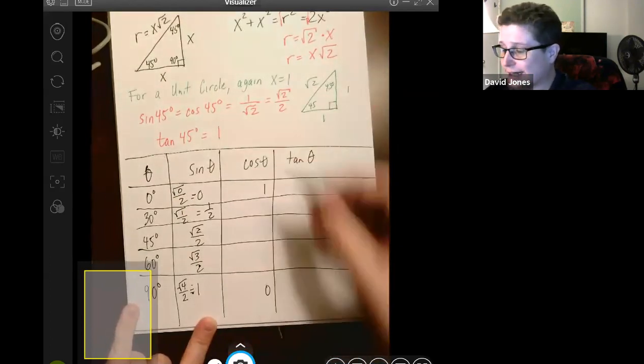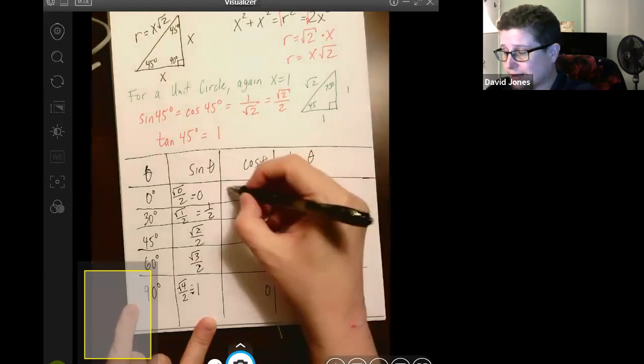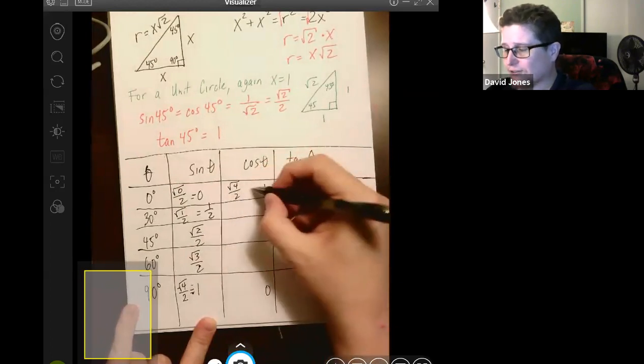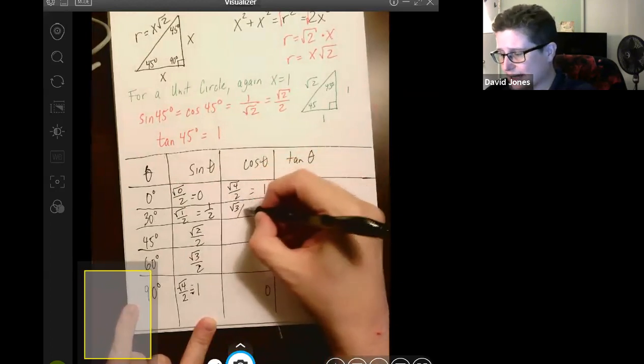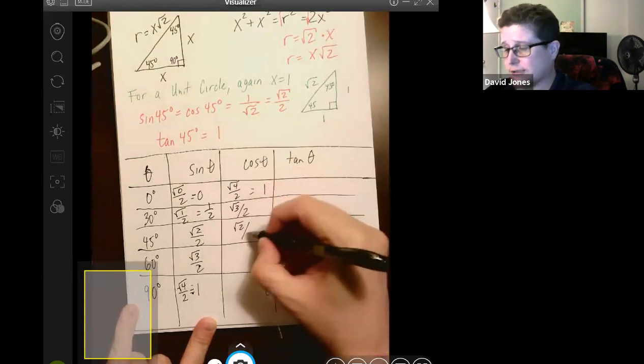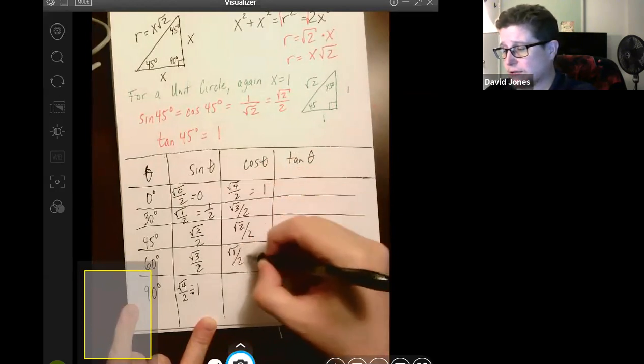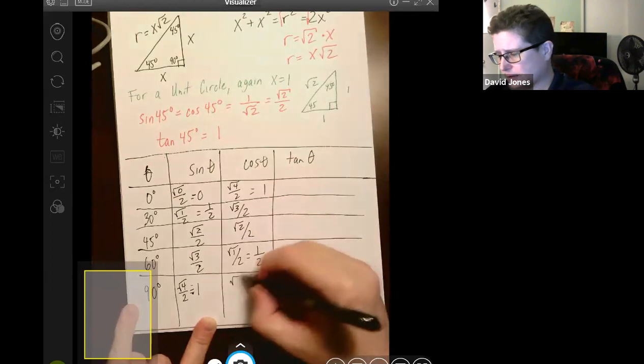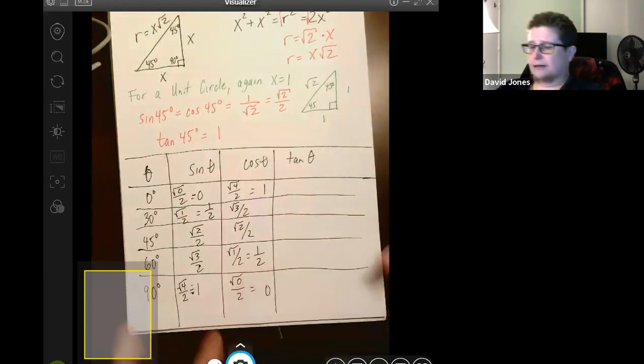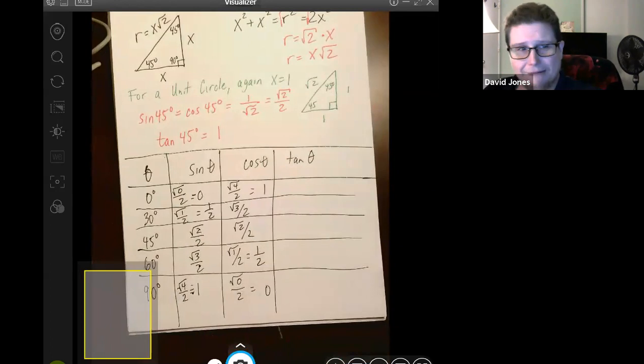Cosine goes the other way. It starts off large, and it ticks downwards. Neat, right?